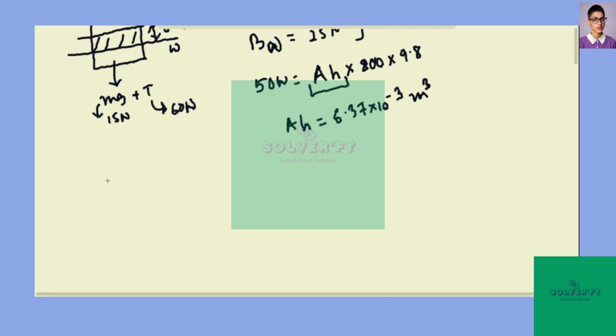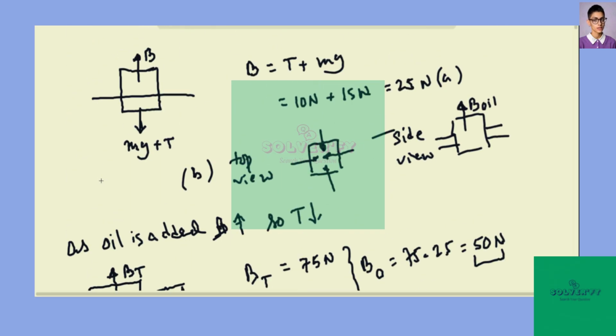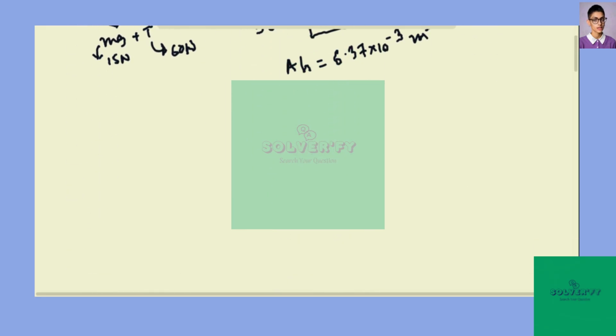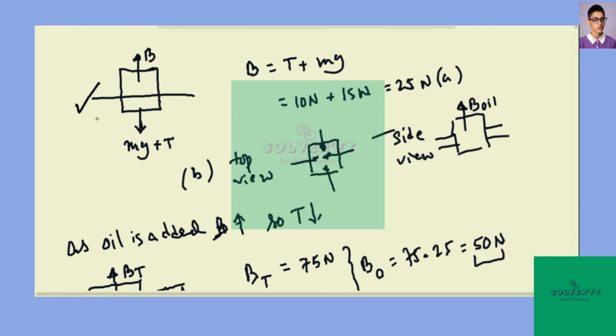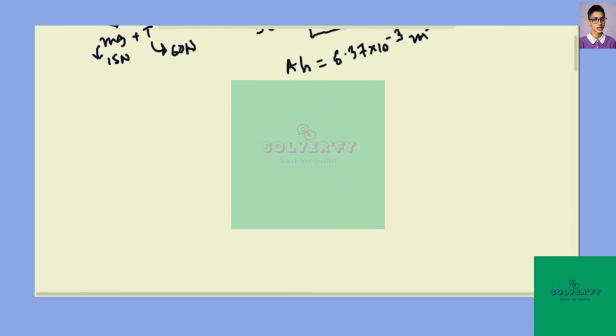Now we previously knew that a quarter of the block was submerged in the water, so we will be using this situation now. Because 25% of the block was submerged in water, the total buoyant force equals the density of the water times 1/4 of V times g.